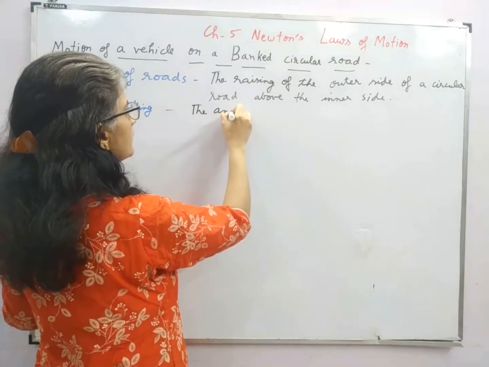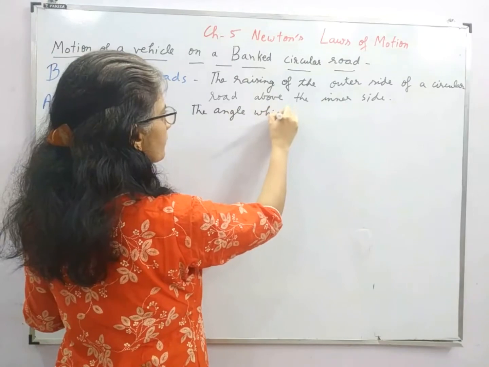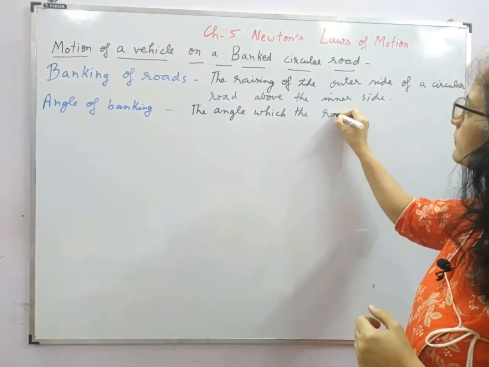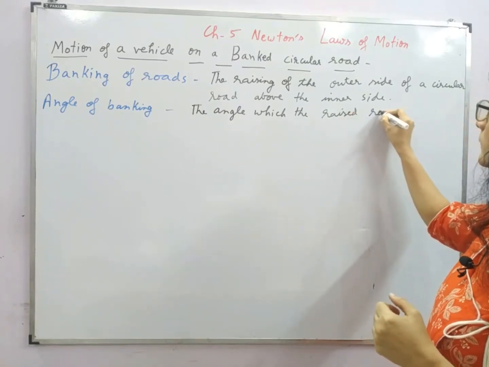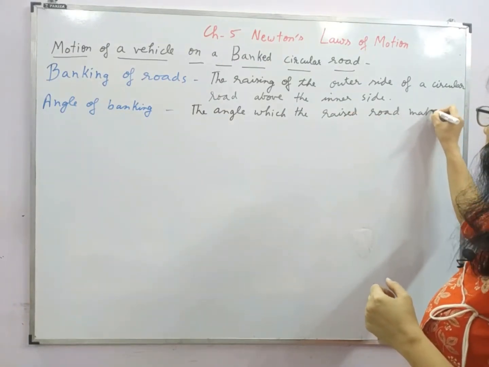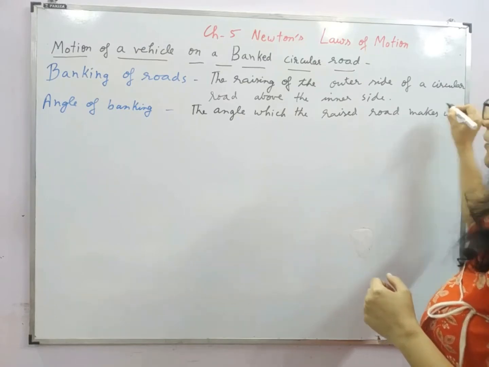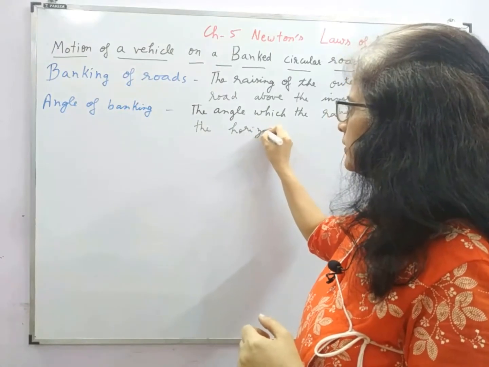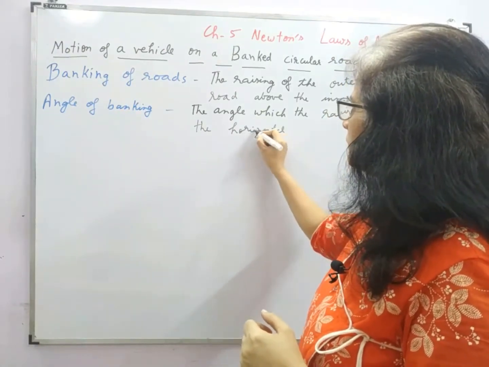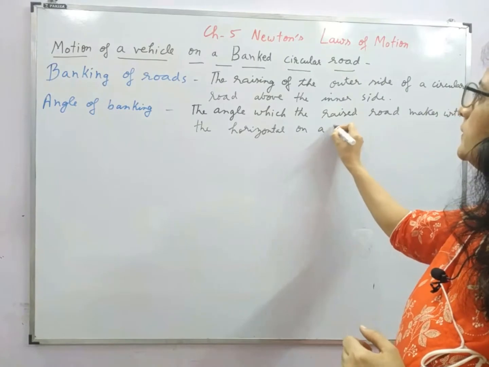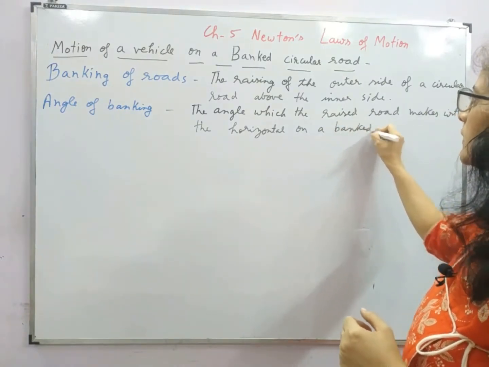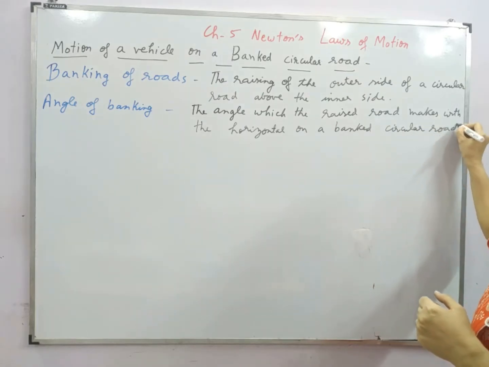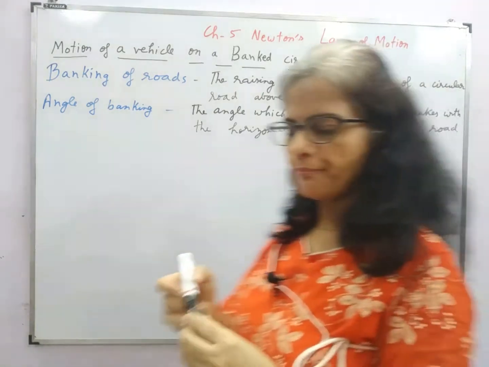The angle which the raised road makes with the horizontal on a banked circular road is called the angle of banking.